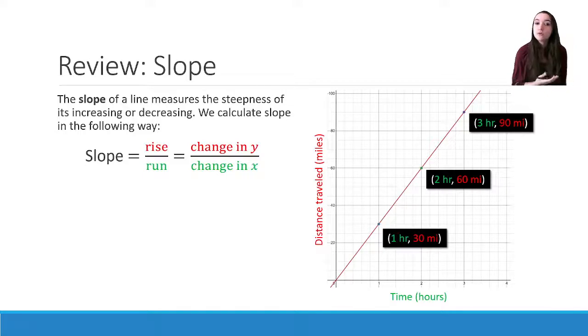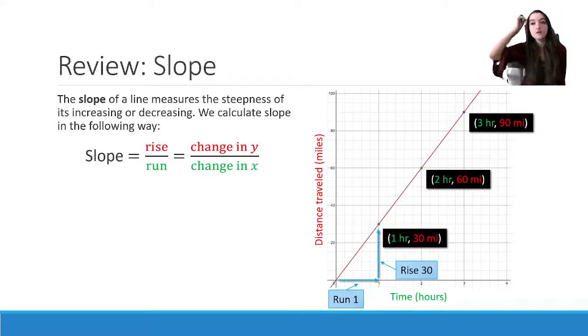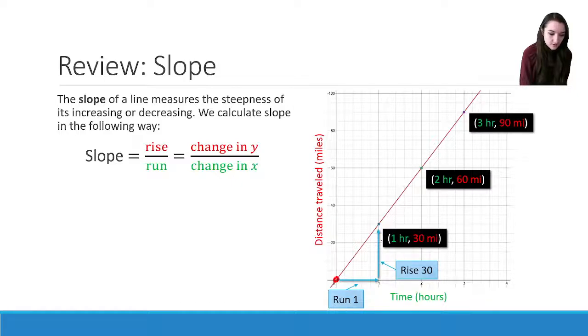So the slope of a line measures the steepness of its increasing or decreasing. We calculate slope in the following way. Slope is equal to rise over run, where rise is the change in y and the run is the change in x. So in this case, if I pick 2 points on this line, here and here, then the change in x, the run, is 1.